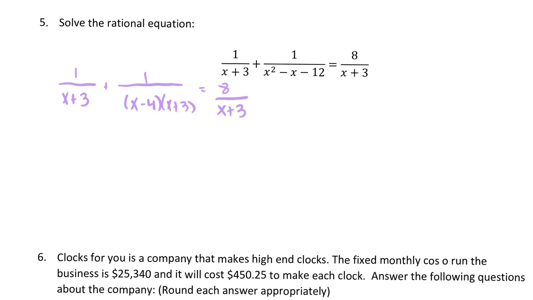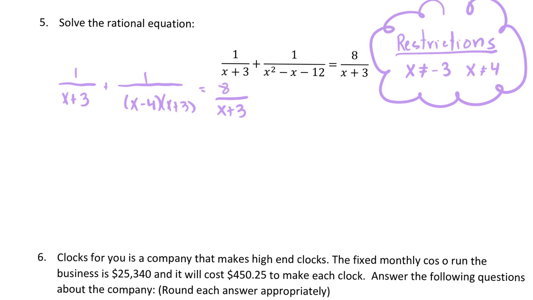I want you to then state what restrictions there are in this problem. We have talked about that when we talked about the domain. So the restrictions is essentially nothing in the denominator can be 0. So that means that x cannot equal -3 and it cannot equal 4. So those would be our restrictions.